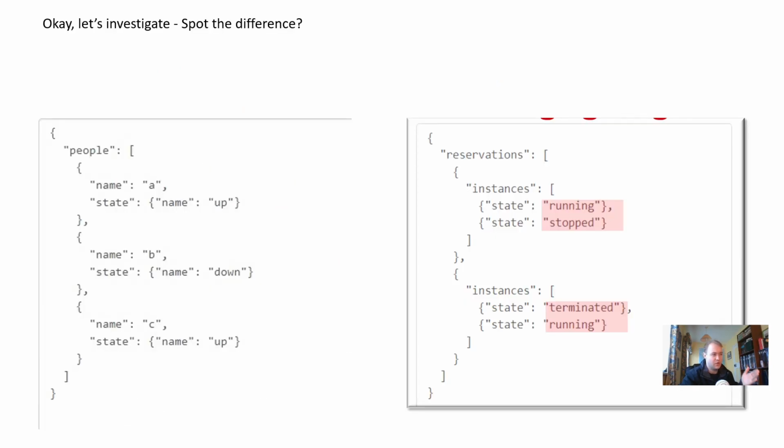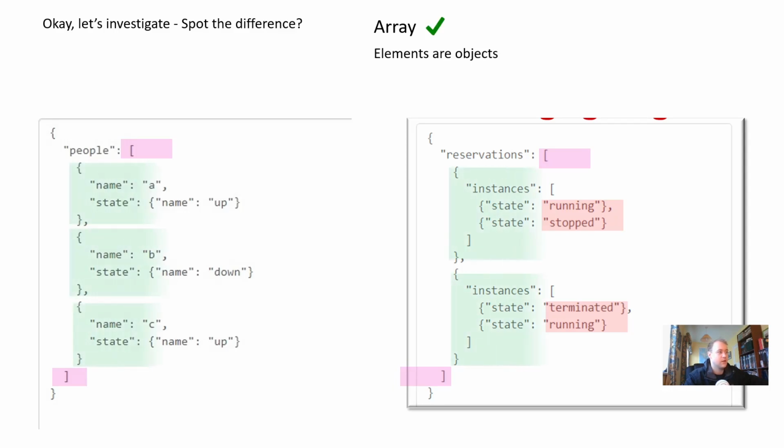But let's think about this. Spot the difference. There must be something that's different between that reservations example, where we have a list of reservations, and within each reservation a list of instances, so an array within an array, and our example now with people, whose state can have the name of up, down and up. Well, it's true, both of them are an array. People is an array, reservations is an array. Are the elements objects?